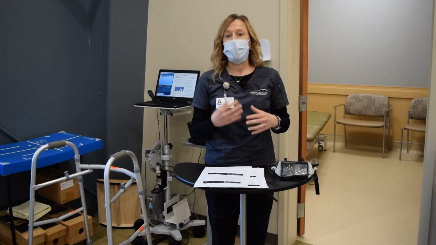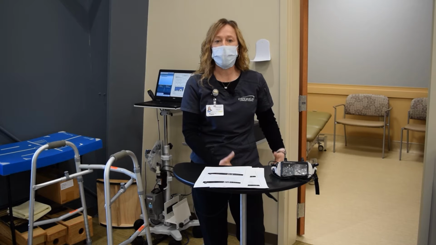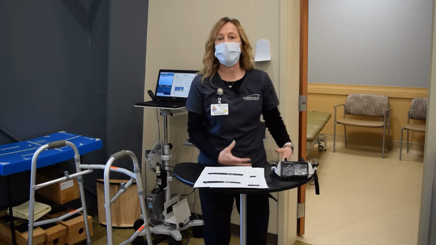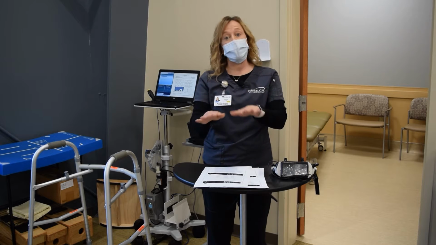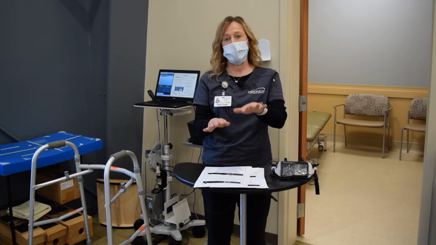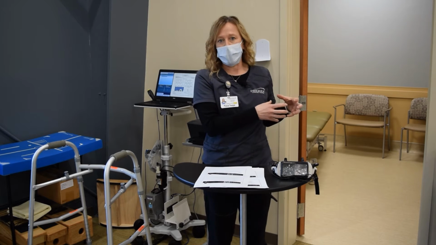People who have neuropathy, where you can't feel in the bottom of your feet, are at a significant disadvantage for our balance because we no longer have the information about what surface we're standing on to bring that into our system to tell us if we're on slippery surfaces, unlevel surfaces. So if you lose that sense, you're losing an outfielder.